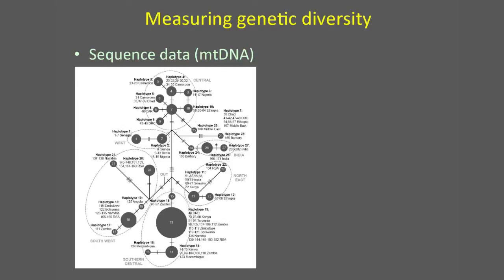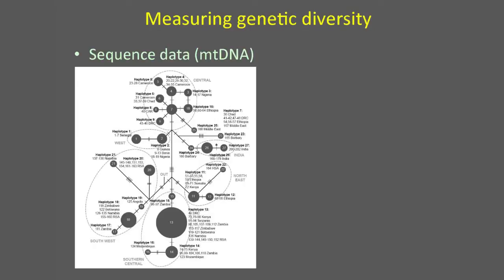So it means that circles that are close to each other illustrate populations of lions that are also closely related to each other. And I've tried to illustrate this further by showing different groups. For instance, the Central African lions are the group of circles up there, and the West African lions form their own group.